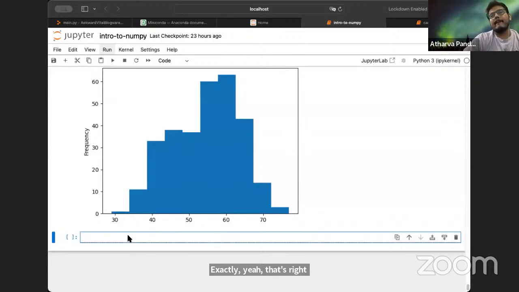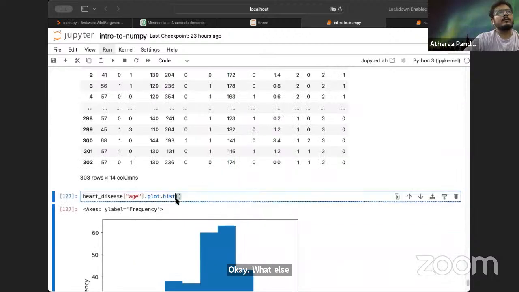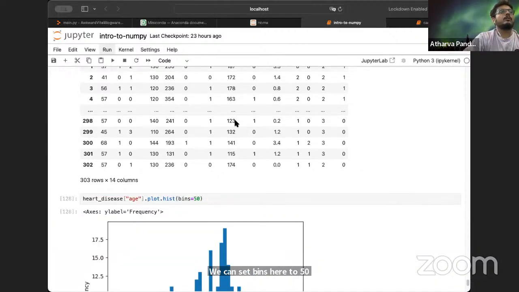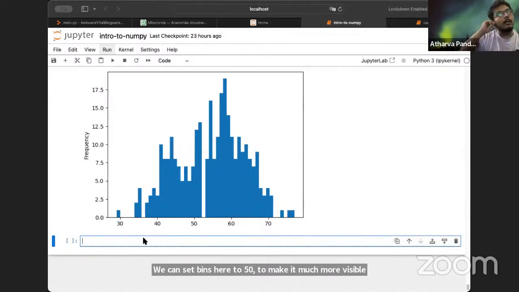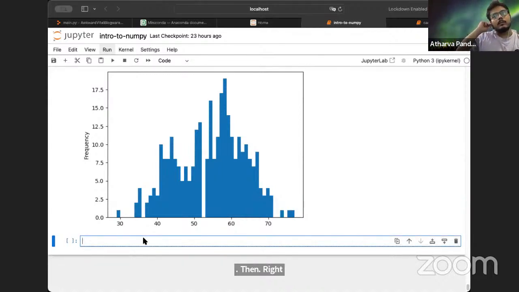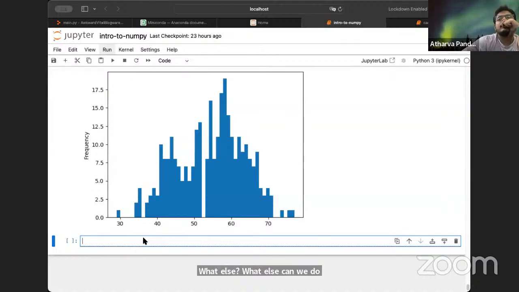Okay. What else can we do? We can set bins here to 50, bins equals 50, to make it much more visible. What else can we do? Assume we now want to use the object-oriented interface.